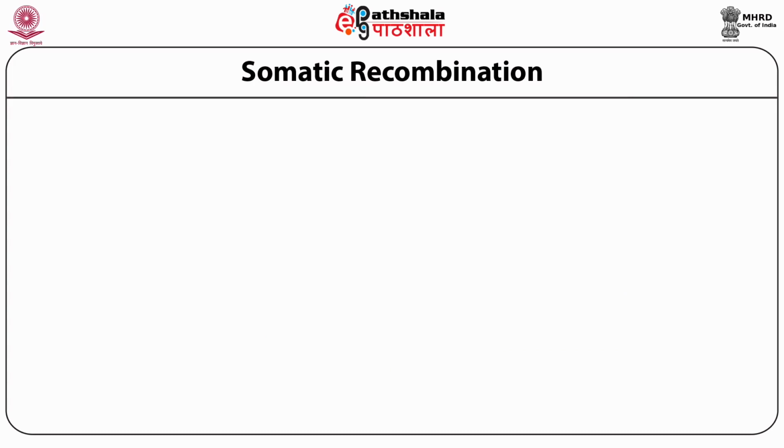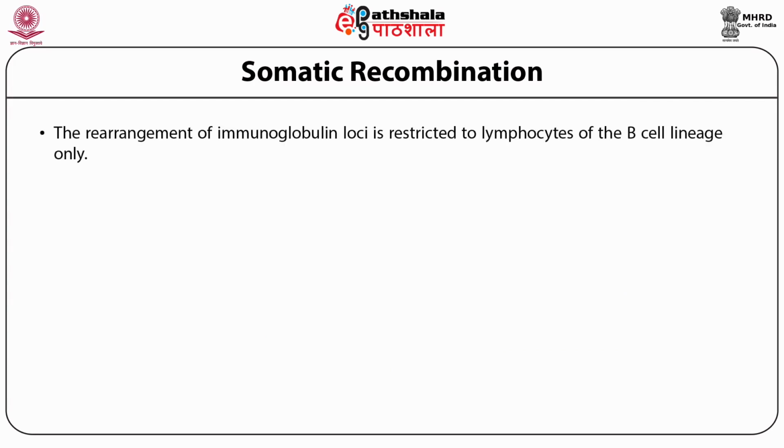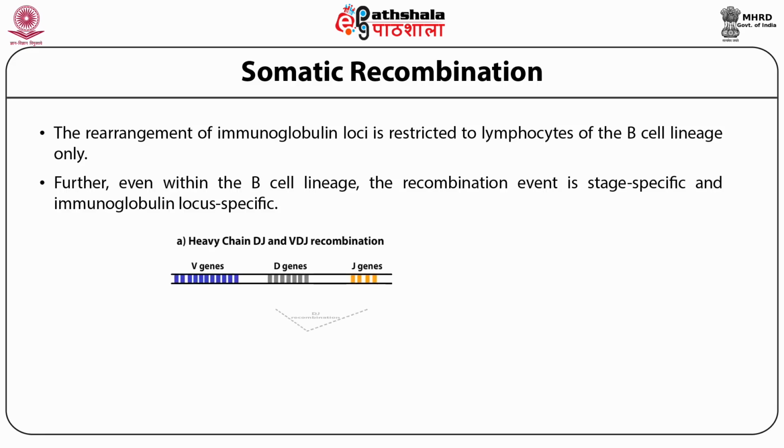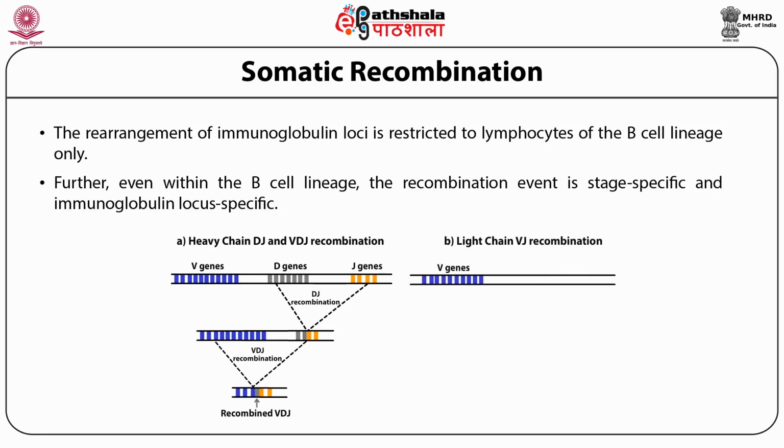As we have already discussed, the rearrangement of immunoglobulin loci is restricted to the lymphocytes of B cell lineage only. Further, even within the B cell lineage, the recombination event is stage specific and immunoglobulin locus specific. Thus, heavy chain rearranges before light chains, meaning that the IgH locus rearranges first, and it's shown on the left hand side of the figure.